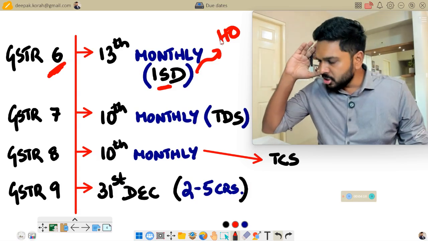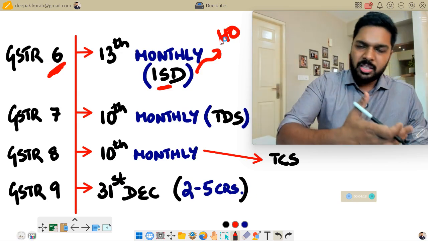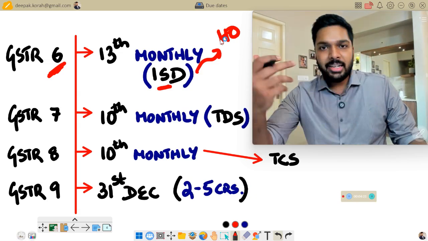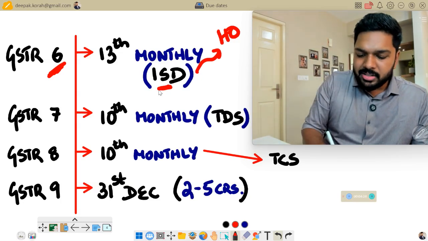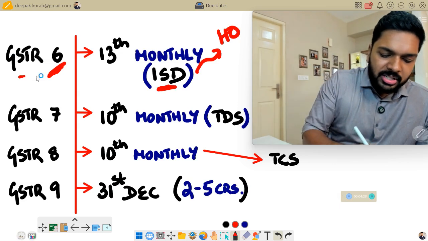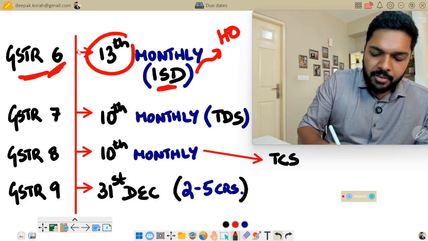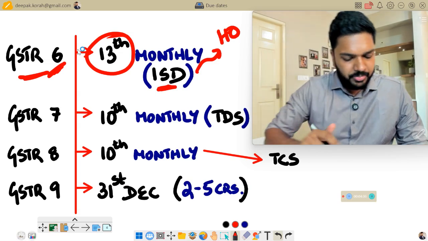For the head office to do this, the head office will mandatorily have to get a GST registration, and this mandatory criteria became effective from 2025. This registration is called the ISD registration. And once you get the registration, you have to file GSTR-6 by 13th of every month if you want to pass on the credits to your respective branches.